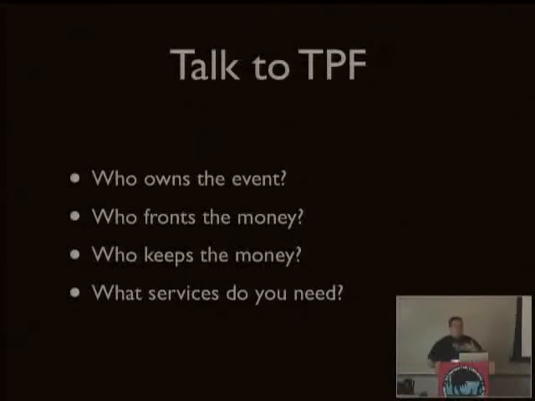You want to come talk to myself as the treasurer, or talk to the conferences committee and say, hey, we want to run a Perl event. You don't have to do that. If you just want to go out and do your own event, you're free to do so. But we have a lot of resources that are available that you may not have on your own, especially starting out. And I encourage you to take advantage of them.